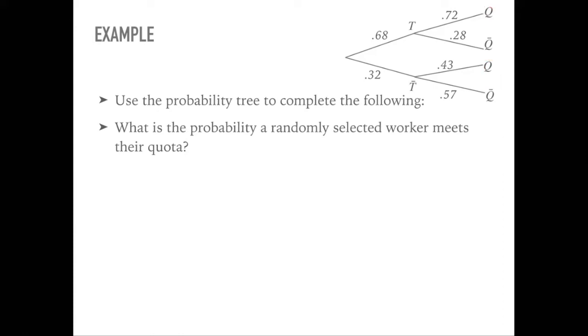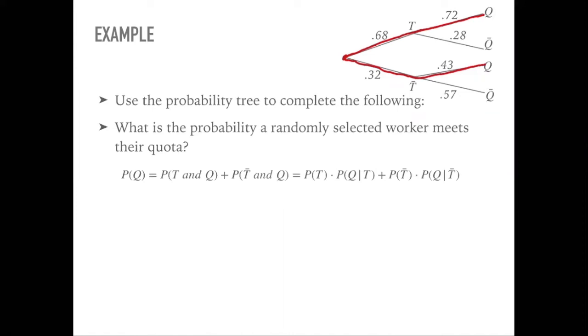We're thinking, okay, a worker could follow this path to get there, or follow this path. So you could be a trained worker that met their quota, or an untrained worker that met their quota.